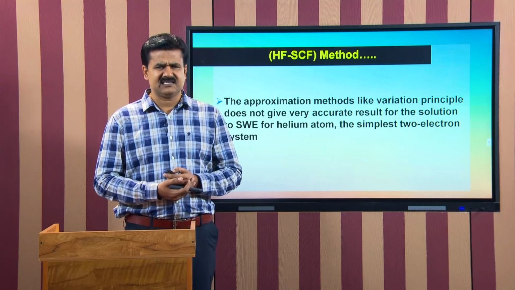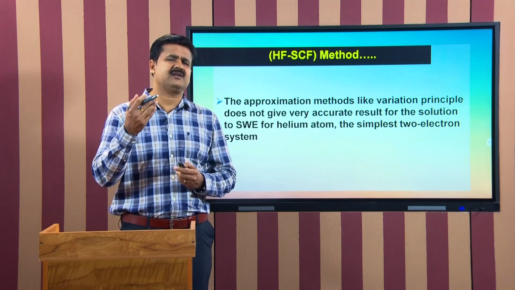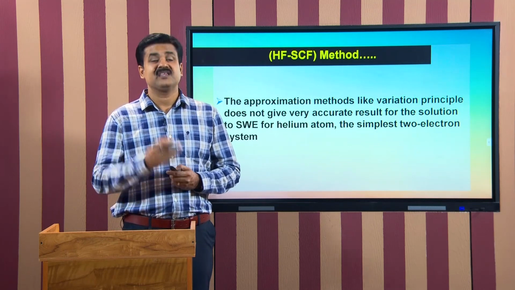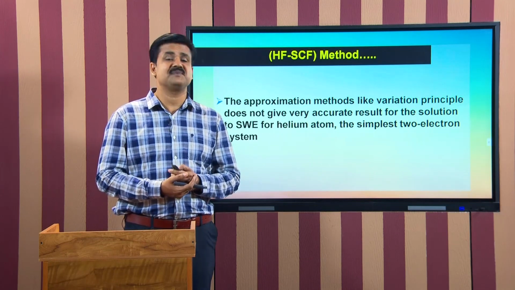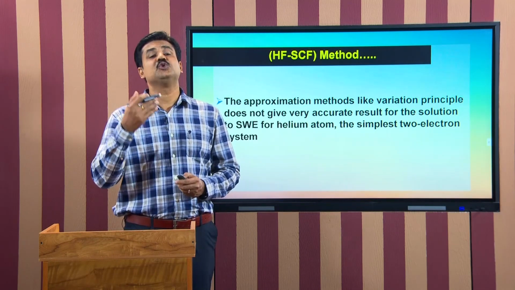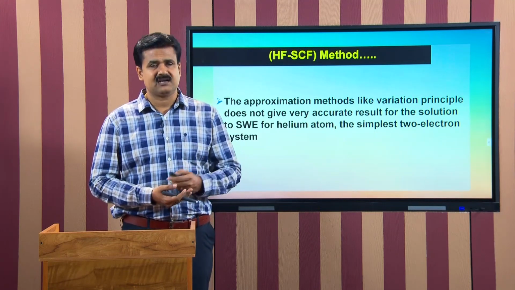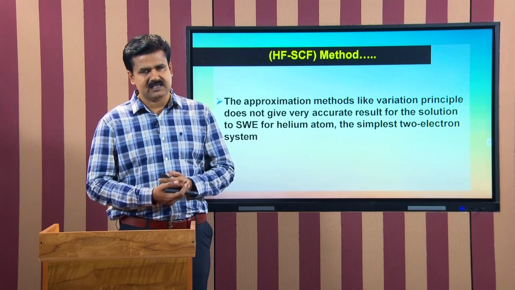It should be noted that in the case of many electron systems, it is not easy to solve the Schrodinger wave equation. In that circumstance, we utilize certain approximation methods. The two prominent approximation methods in quantum chemistry are the variation principle and perturbation theory.